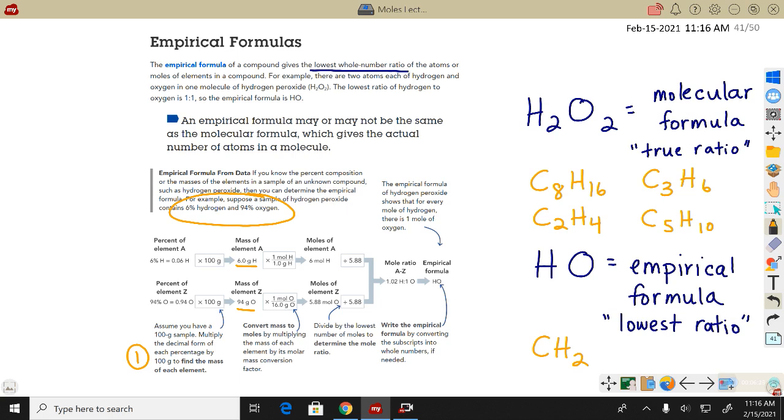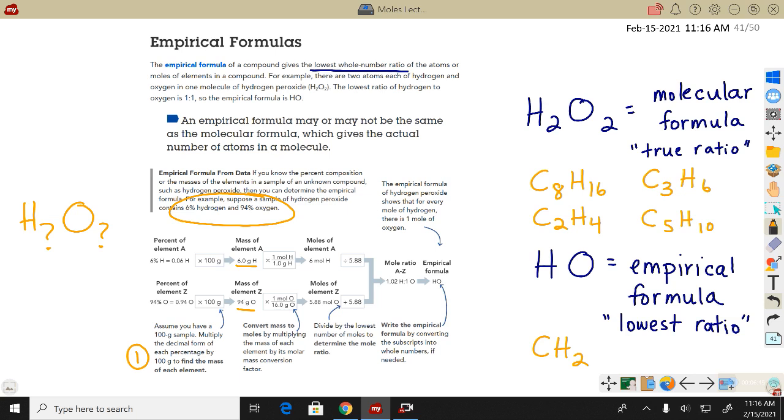Now, if I know this compound is hydrogen and oxygen, I know the formula is going to be like H something O something. I'm looking for those subscripts that tell me the ratio of atoms, how many atoms of hydrogen to how many atoms of oxygen.